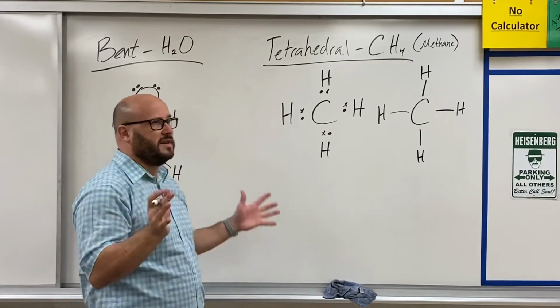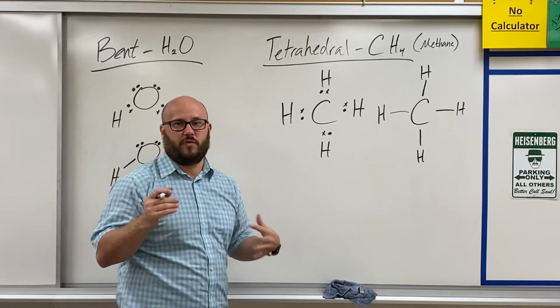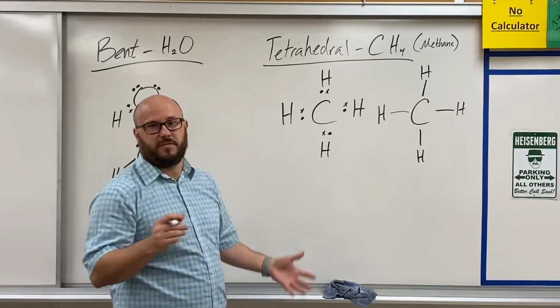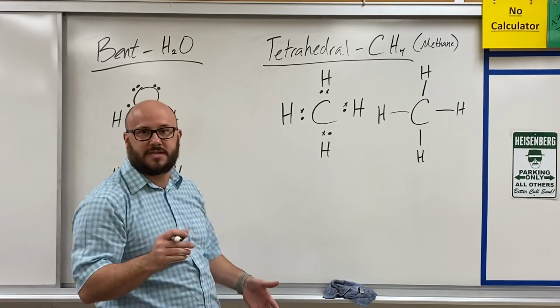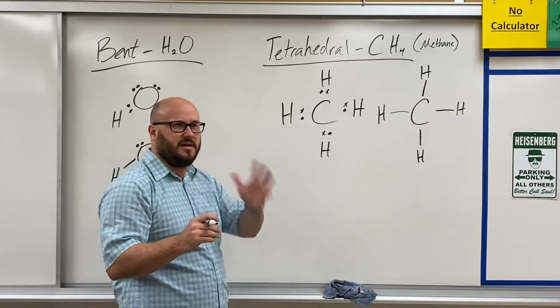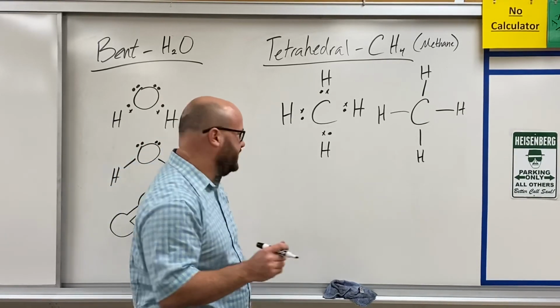Now, the molecule shape, I can't really draw well for you because it's 3-dimensional. I'll show you approximately what it looks like, but you have to imagine these things being in 3D.